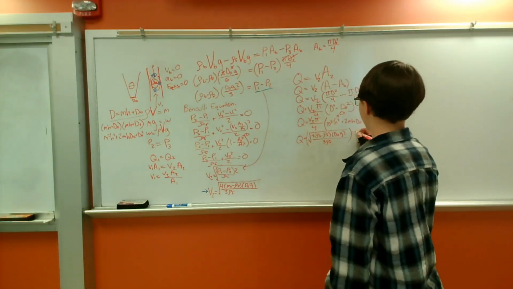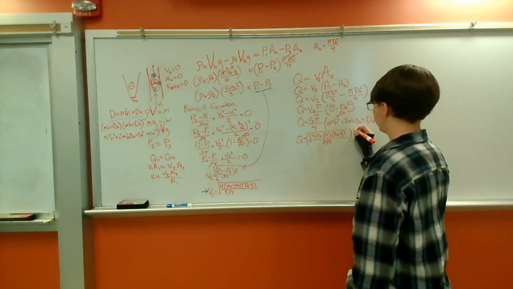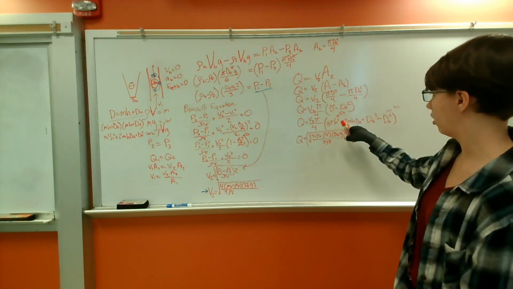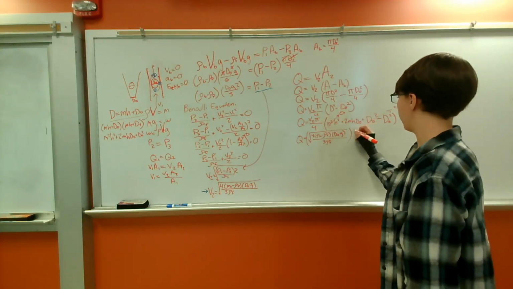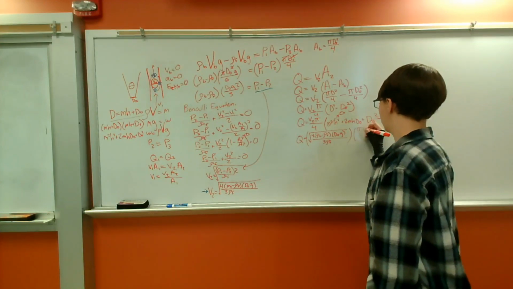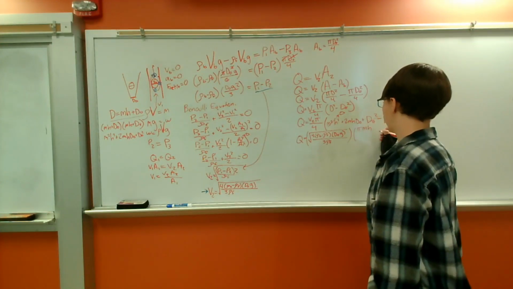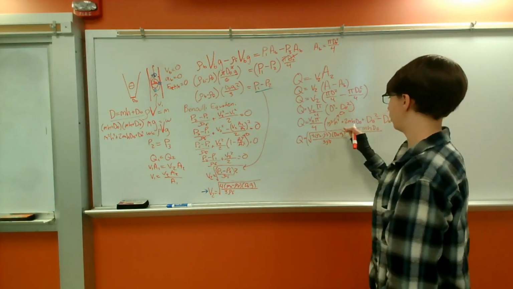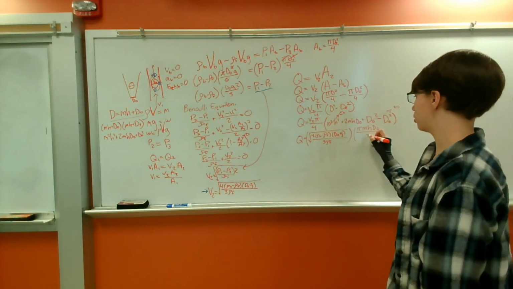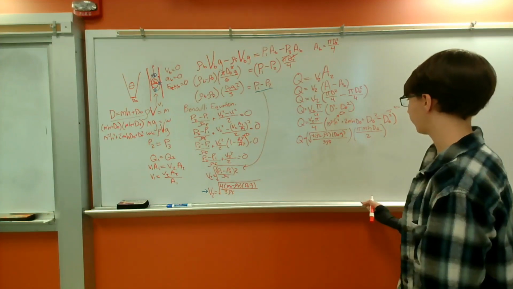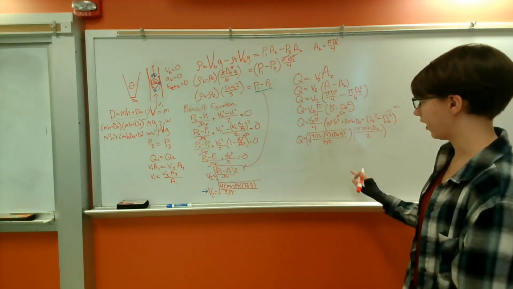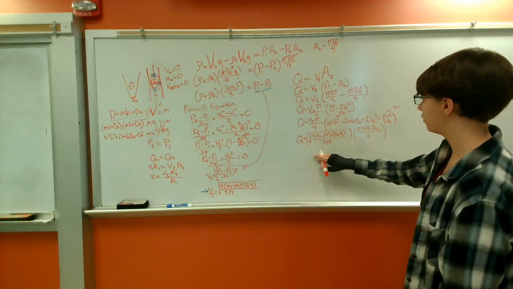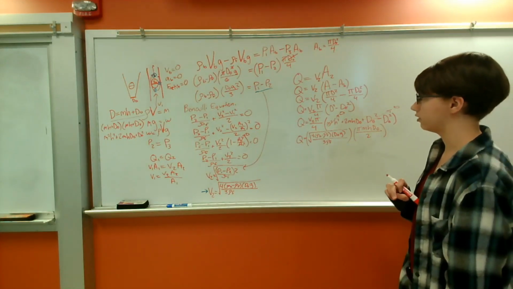And we have that times pi, m, h, d naught over, and then 2 over 4, that's just 2. Like that. So now we have an equation of flow rate as it relates to the height of the ball.